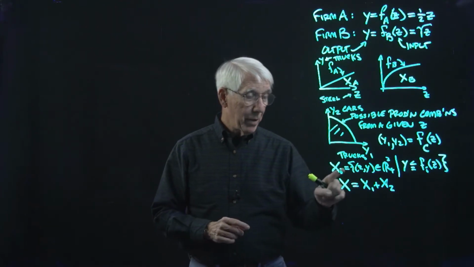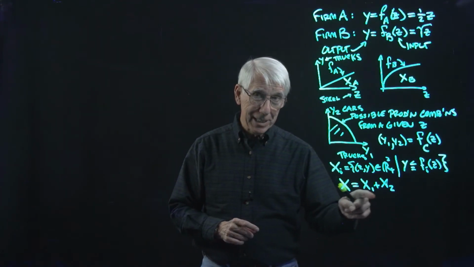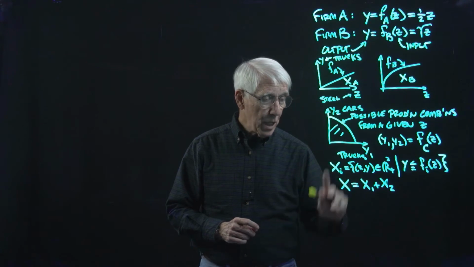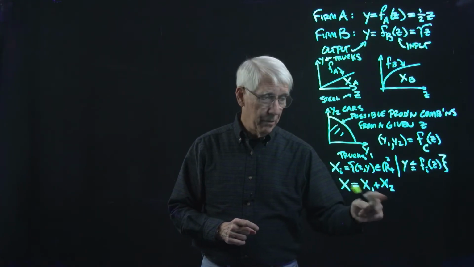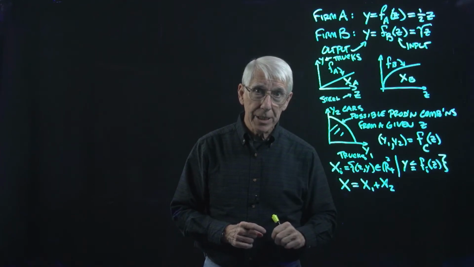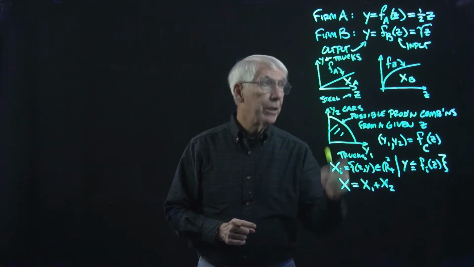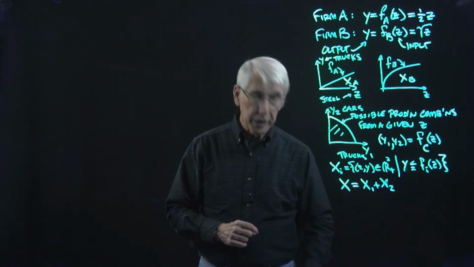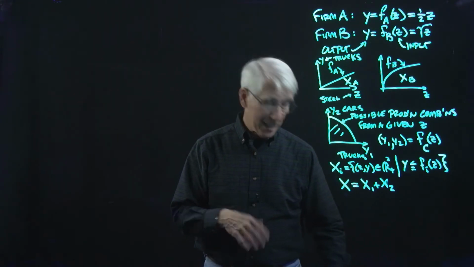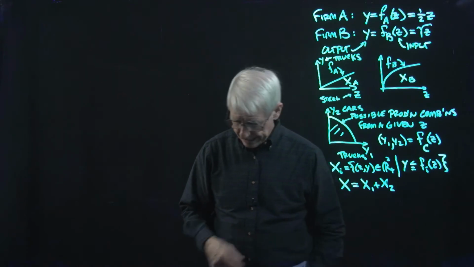But notice we haven't actually given a definition of what this is. So now let's write down a definition of the sum of two or more sets, and then we can use that definition to go a little further in our modeling of production and then profit maximization for the firms or in the aggregate.